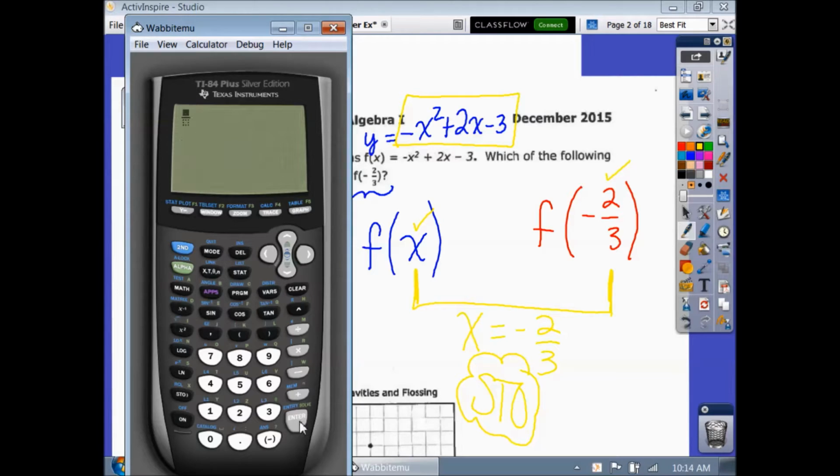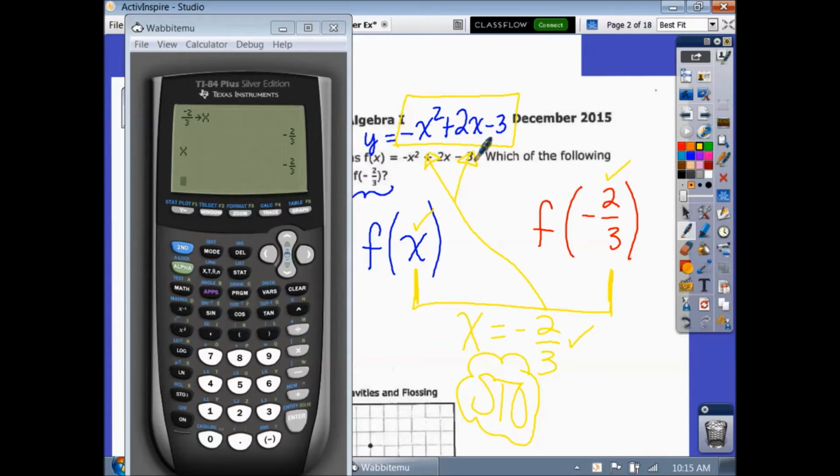We're going to go under the first one, hit enter. This is going to allow us to type in a fraction, negative 2/3, and we're going to take that value and store it to x. Every time I hit the letter x in the calculator, it will replace the value of x with negative 2/3. So you don't have to plug negative 2/3 in here every time you see x. The calculator is going to do that for us.